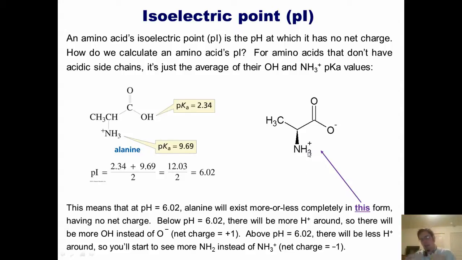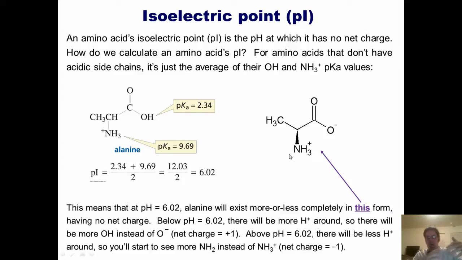At higher pH, we start to see less and less H plus around, and eventually we deprotonate this NH3 plus and turn it into an NH2. So if you have a neutral NH2 here, what is alanine's net charge? It's -1. So once again, at pH 6.02, which is alanine's isoelectric point, it will exist exclusively in this form.